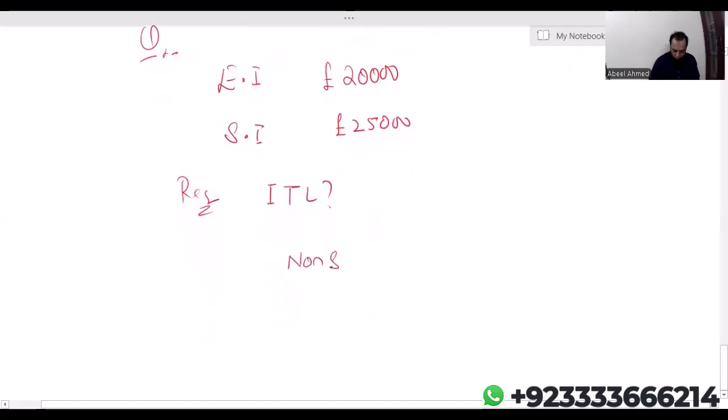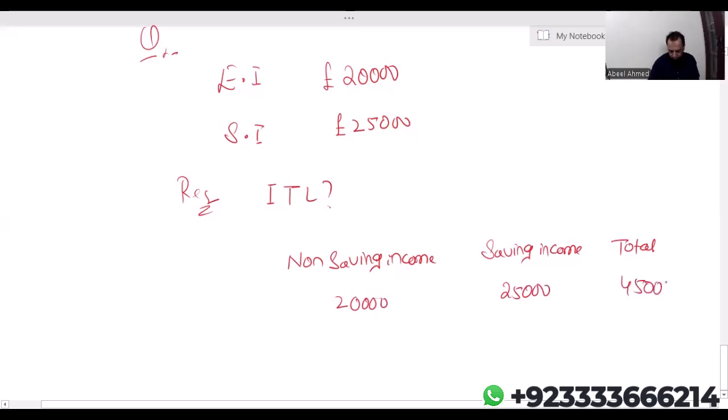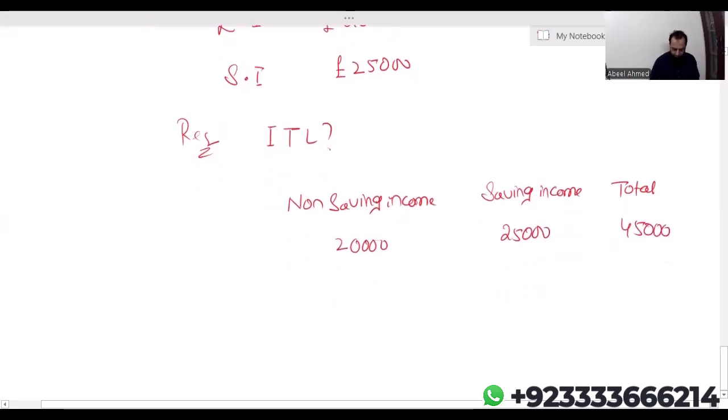We'll make 3 columns. Non-saving income, saving income, and total. Non-saving income is £20,000. Saving is 25,000, and the total is 45,000.